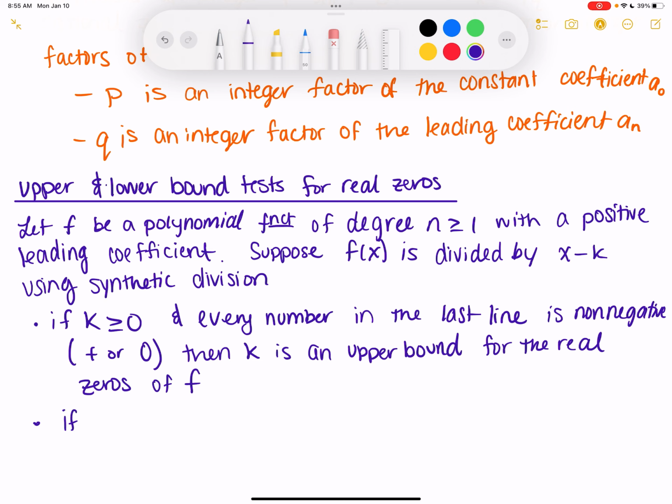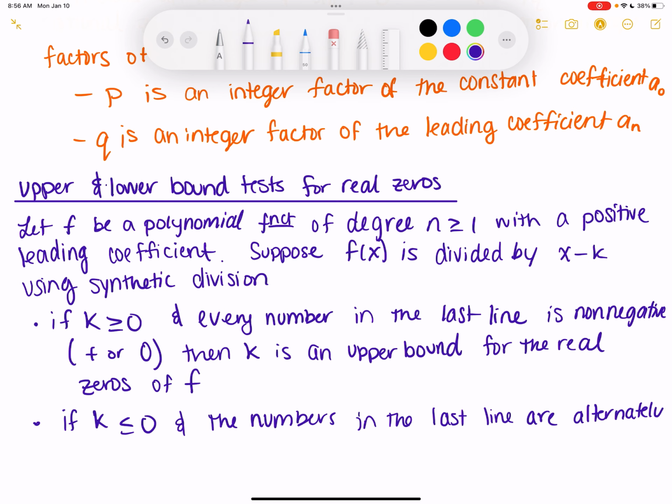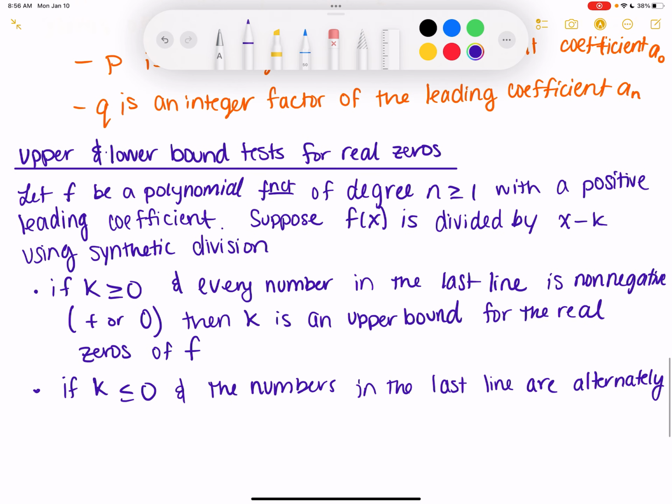And if k is less than or equal to 0 and the numbers in the last line are alternately, okay, so meaning alternating, okay, back and forth, non-positive or non-negative and non-positive.